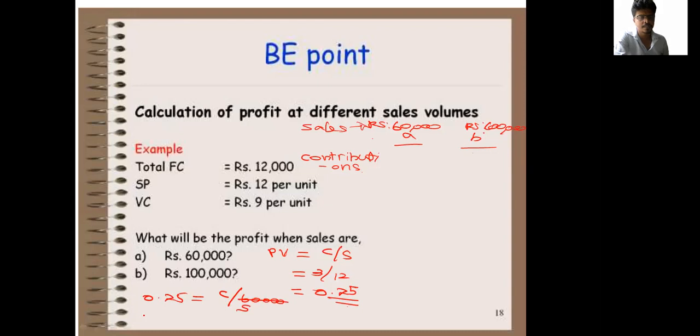Let's say, so contribution equals 0.25 into sales.